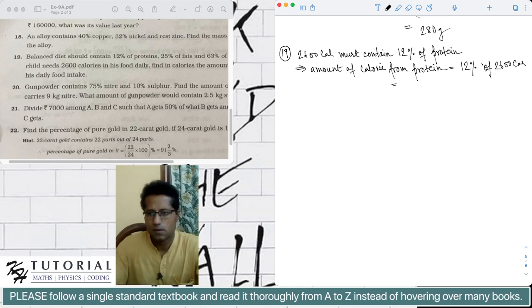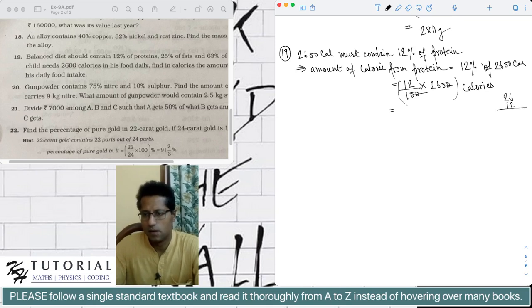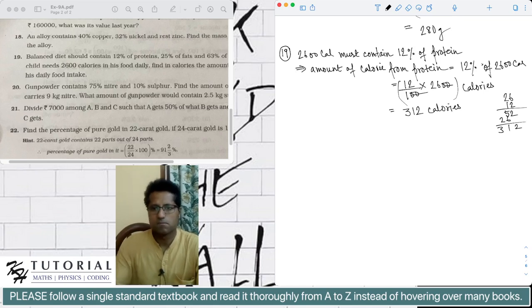This is equal to 12 by 100 multiplied by 2600 calories. So this is the amount of calories coming from protein in the daily food intake. So this is equal to 26 multiplied by 12, which is 312. So 312 calories is coming from the protein.